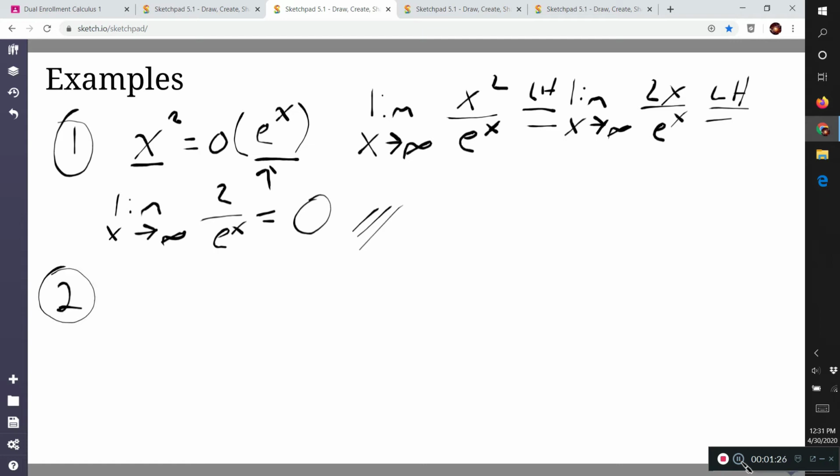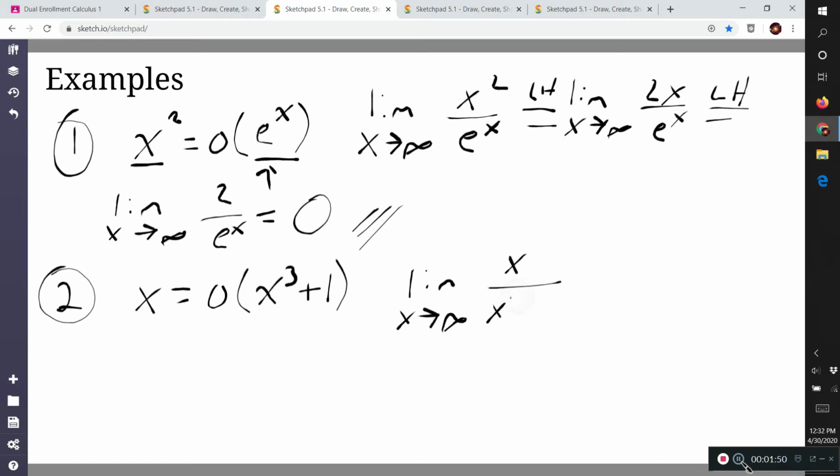So let's compare another one. Let's do x is little o of x cubed plus 1. On this one, we're not going to have to apply L'Hopital's rule. You could apply L'Hopital's rule, but you don't need to.